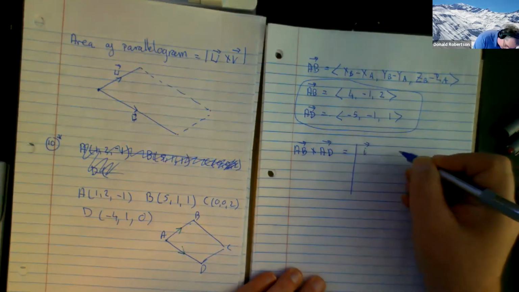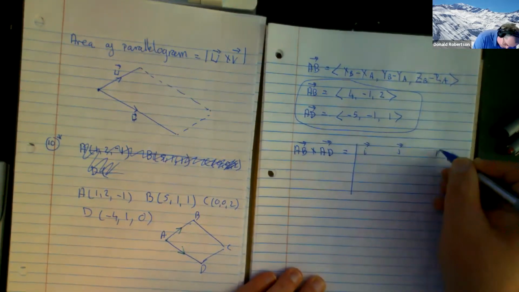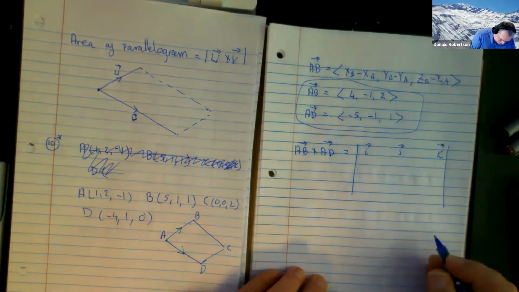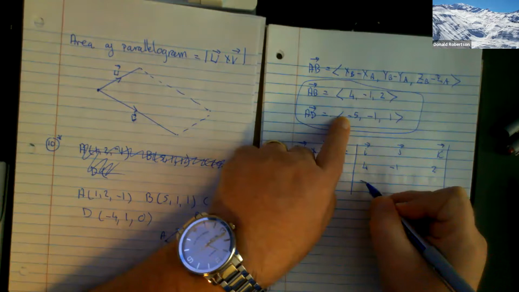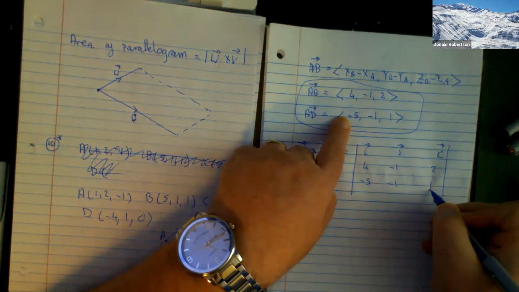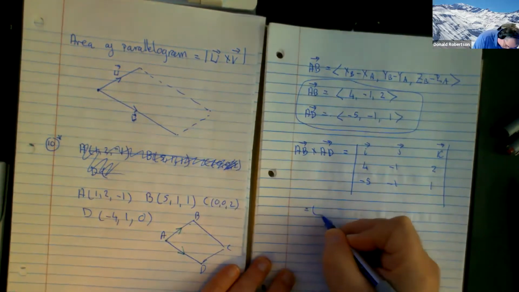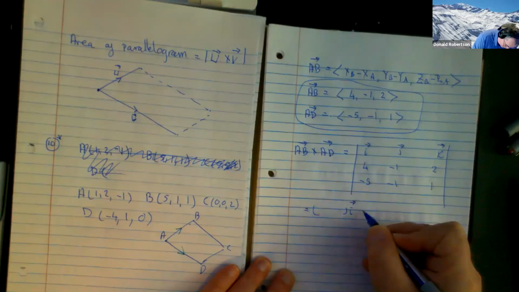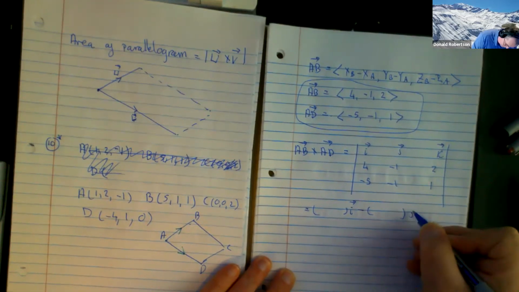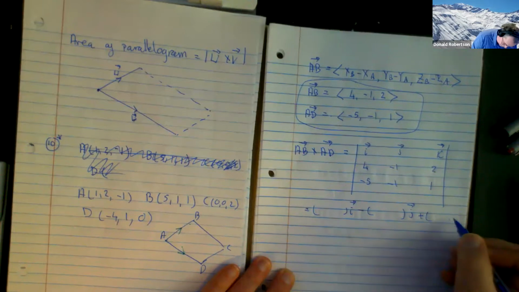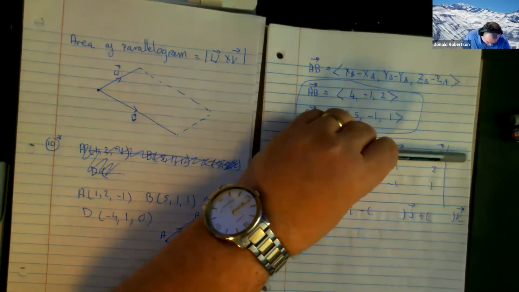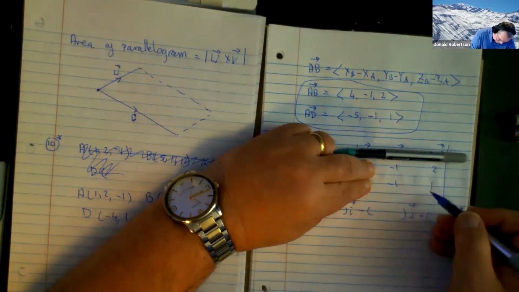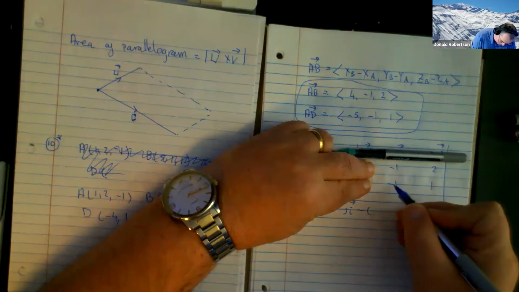So you have I, we have J, we have K. 4, -1, 2, -5, -1, and 1. So it's going to be so many I's, take away so many J's, plus so many K's. Cover it up, cover it up. -1, take away -2.